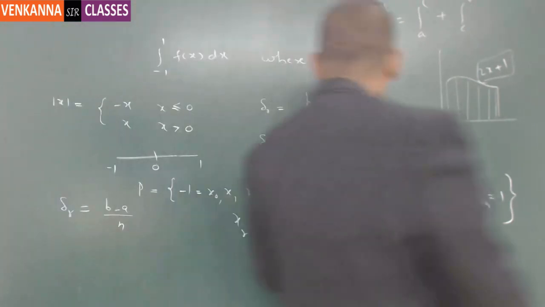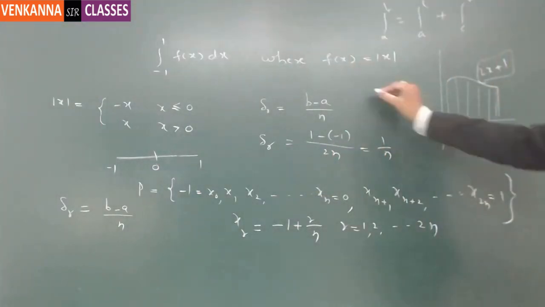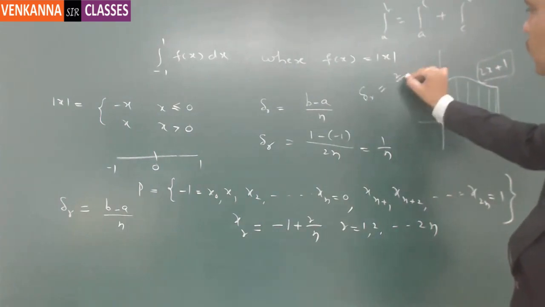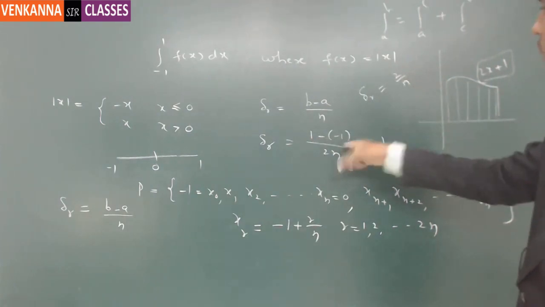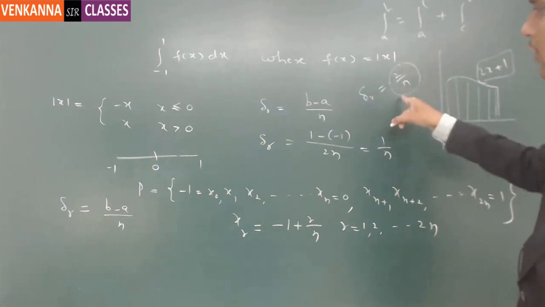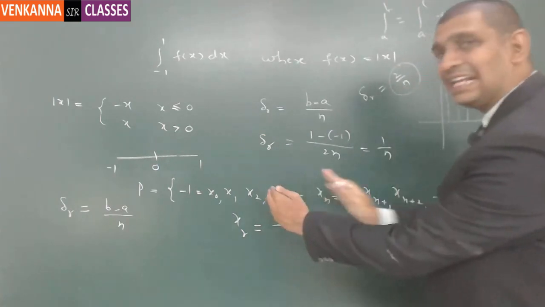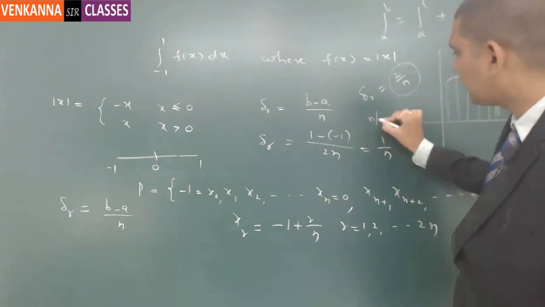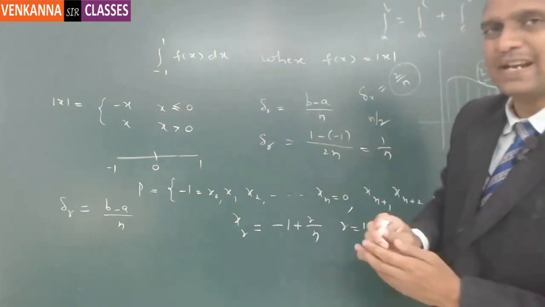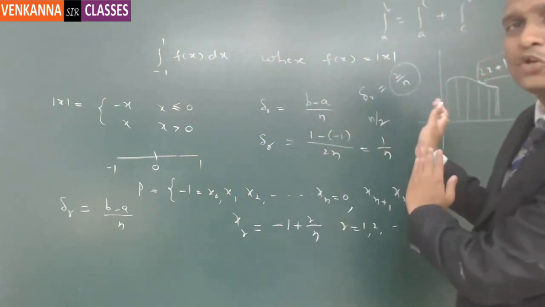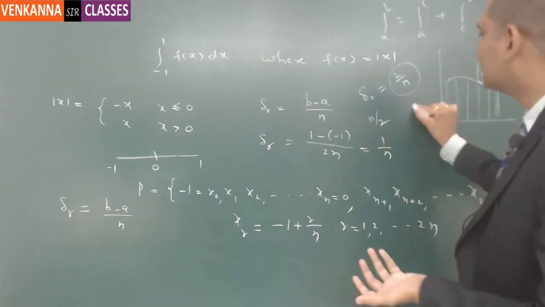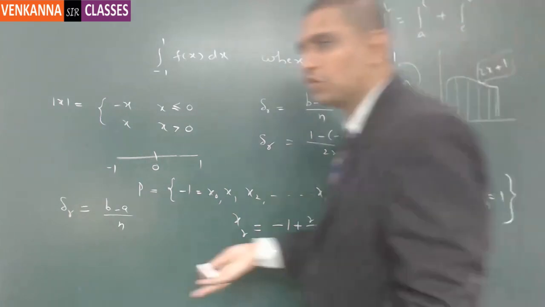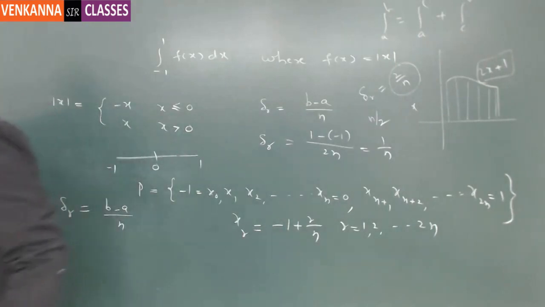If you have a confusion why 2n is there, you can take delta r is equal to 2 by n, 1 minus of -1, this is 2 by n. No change at all. But while calculating the sum, you have a doubt. Because for the first n by 2 values, the function is minus x. For the remaining n by 2 to n values, its value is x. That also you can do. No change at all. In that way also you can do the problem.